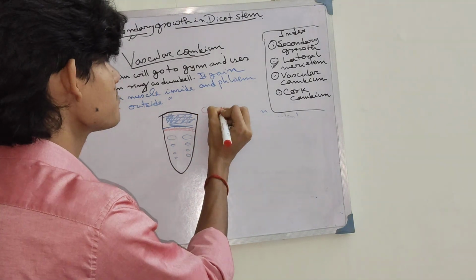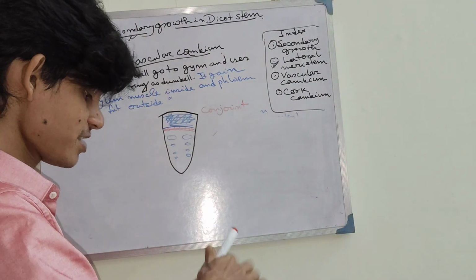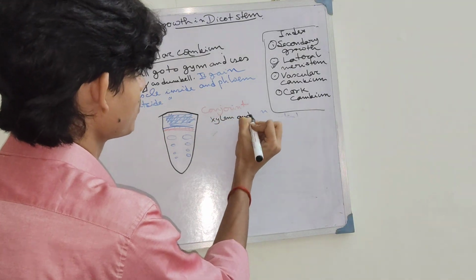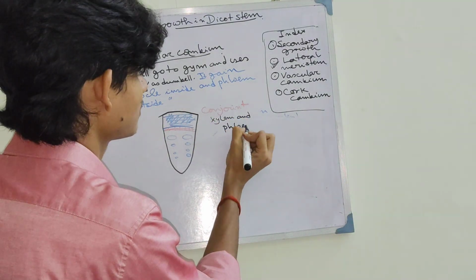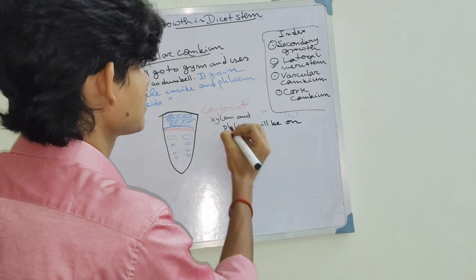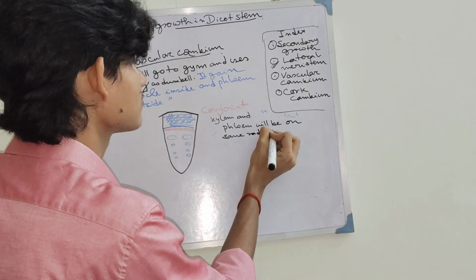So what does conjoint mean? Conjoint means the xylem and phloem will be on the same radius.